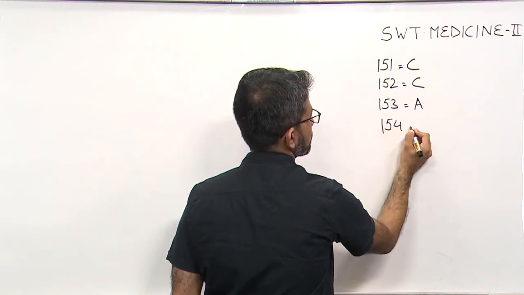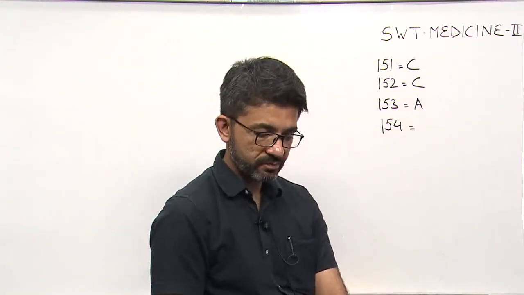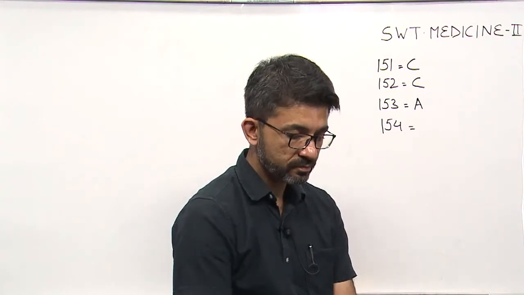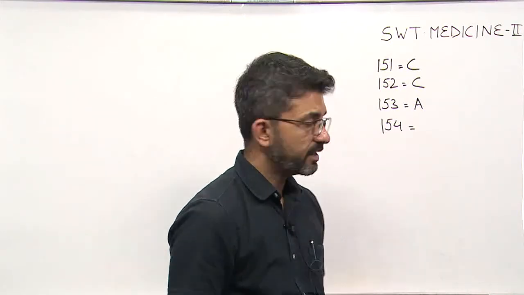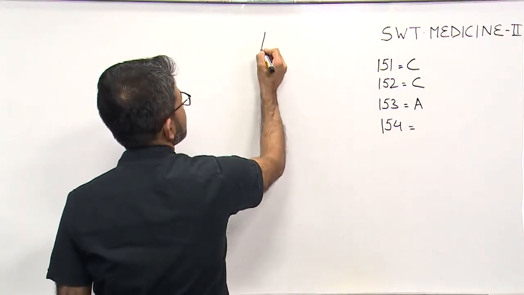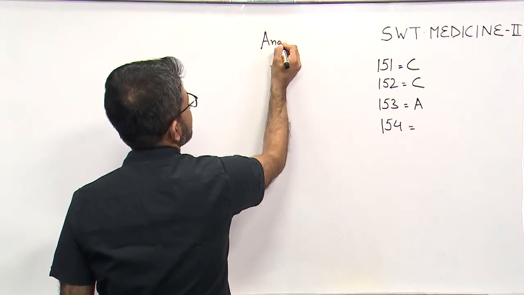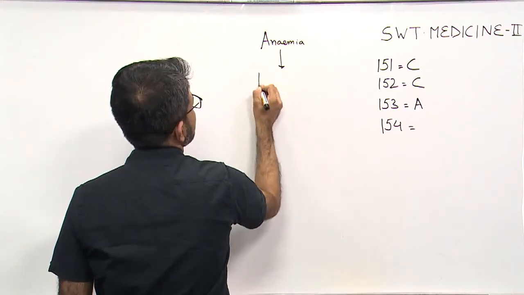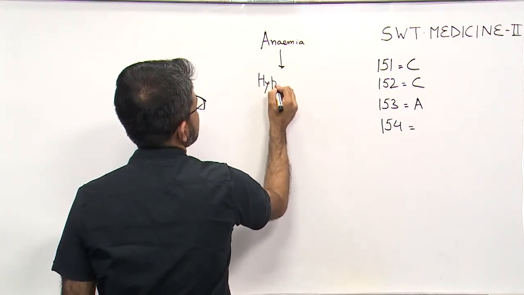154. Anemia will cause hyperdynamic circulation.